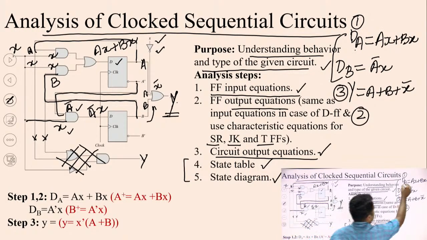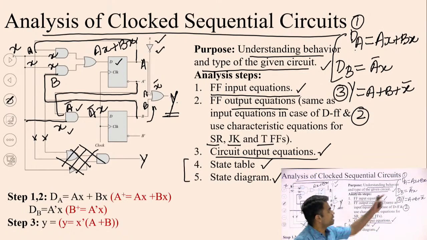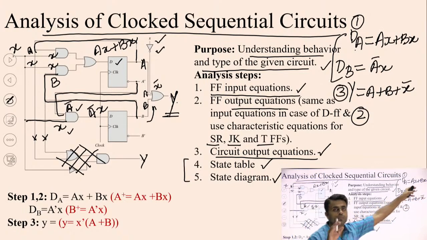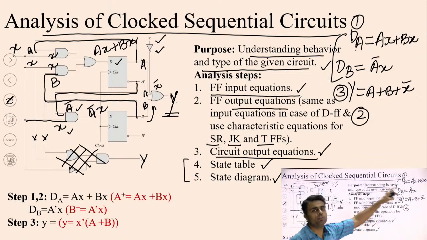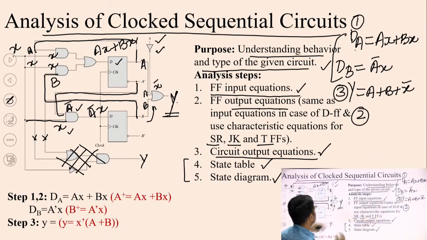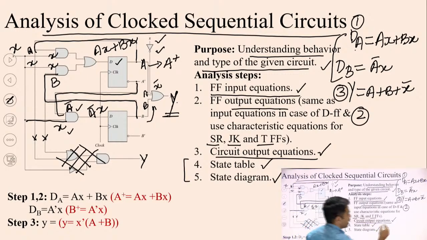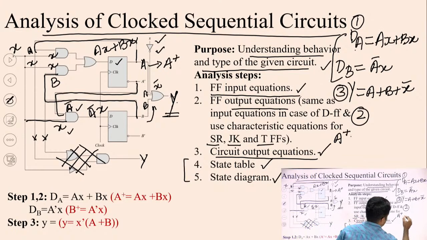That means the DA expression AX plus BX, which is the input of the D flip-flop, will be the next state, A plus. So A plus is equal to DA, that is, AX plus BX.